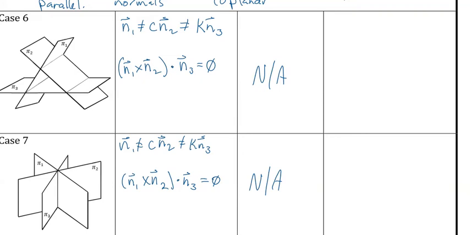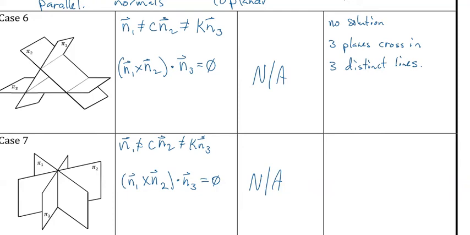Sometimes this is said the 3 planes form a prism, because you can kind of see how the middle of this is like a triangular prism. But I like saying it this way better. So the 3 planes cross in 3 distinct lines, and that matches with what we said the other time. And there's no solution.